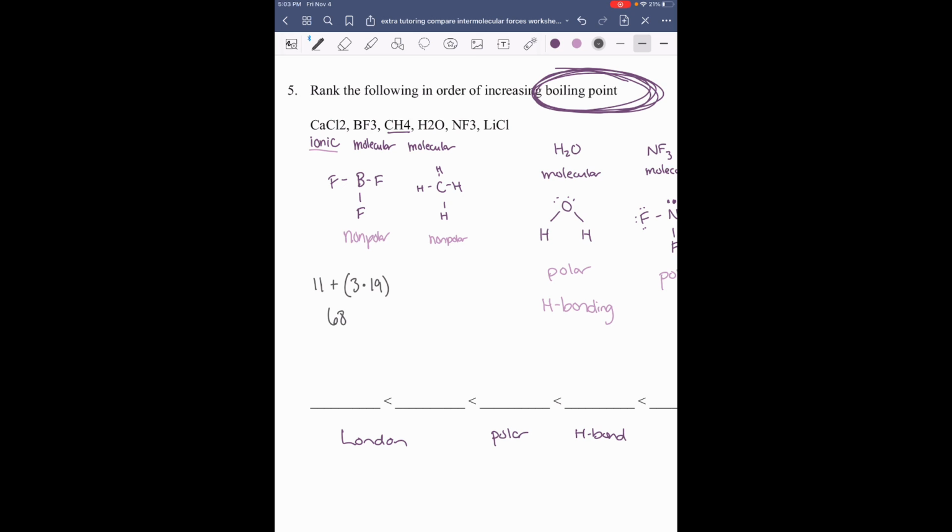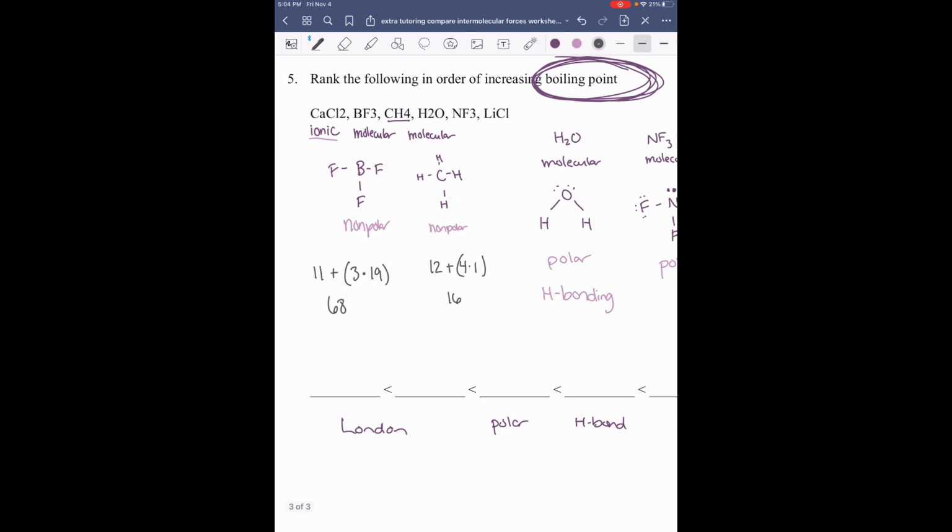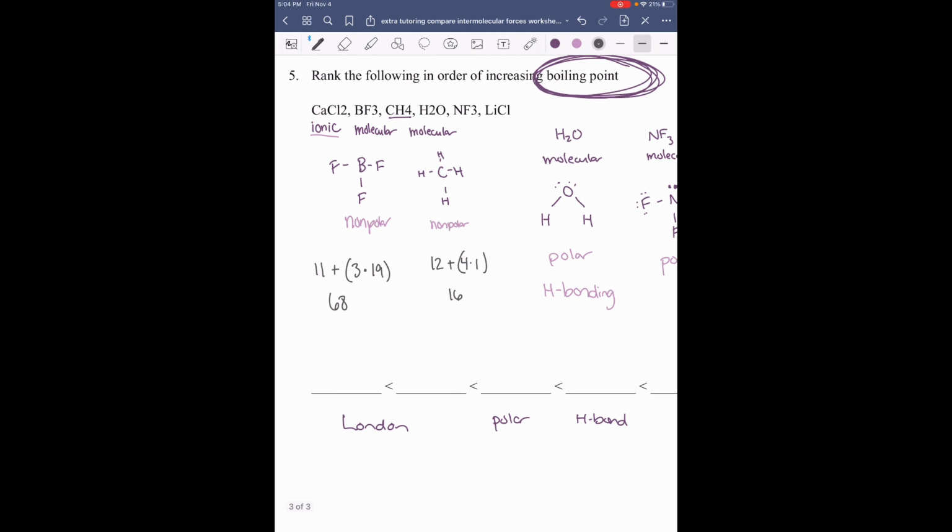Then carbon is 12 plus 4 hydrogens, which are 1. That gives us 16. More massive, the stronger. So BF3 is going to go there, CH4 is going to go there.